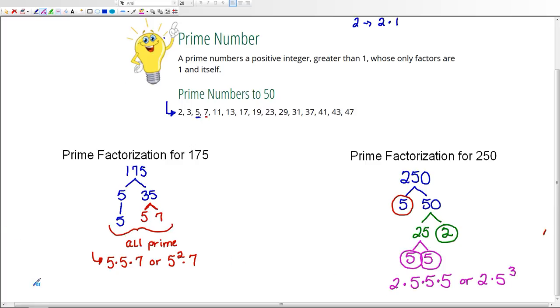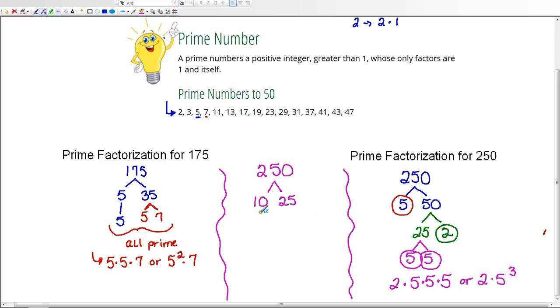Now, I do want to show you very quickly how sometimes I'm going to use the space right here in the middle. That prime factorization is not always done exactly the same way. Remember I said that I used 5 times 50 here, but you know that 250 ends in a 0, which means that the number can be multiplied by 10, and that's a pretty easy fact to remember. 10 times 25 is 250.